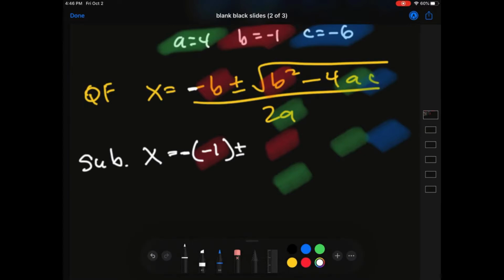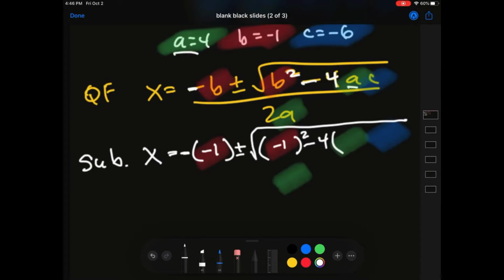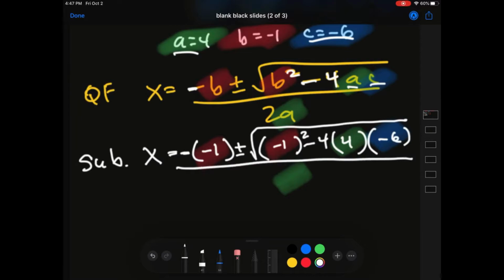Plus or minus the square root of my b value, which is negative 1 in red above, squared. I'm just copying this. My negative 4, my a value is 4, my c value is negative 6. This is all over 2 times the a value, which is 4. So we just did substitutions.